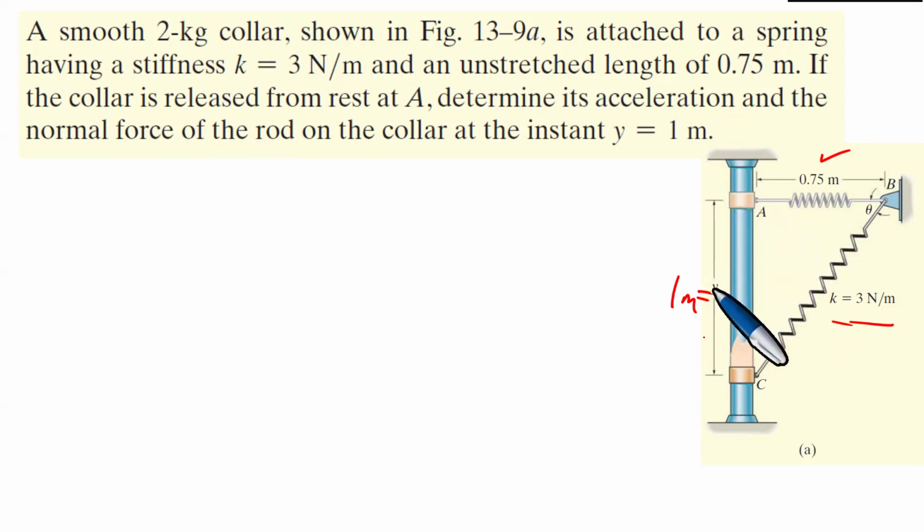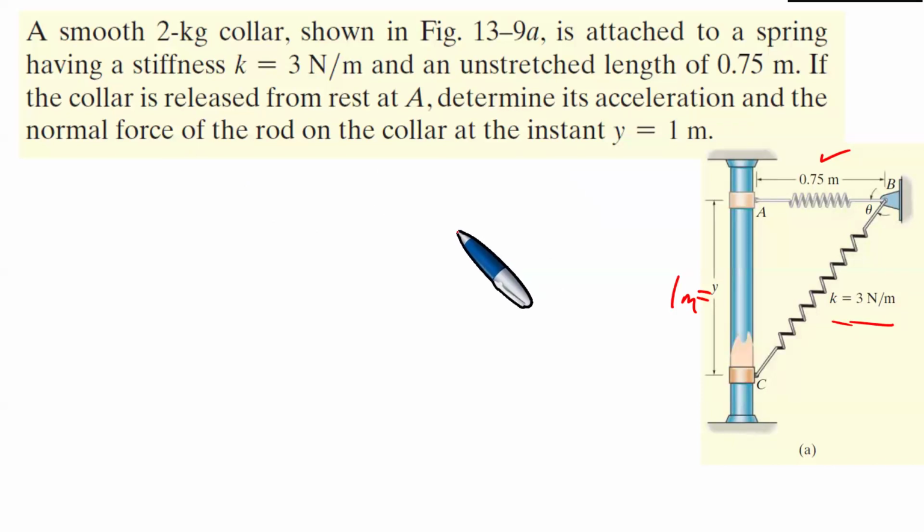If it's released, it goes down like this, and the spring stretches. So we need to determine its acceleration and the normal force of the rod on the collar at the instant y equals 1 meter.